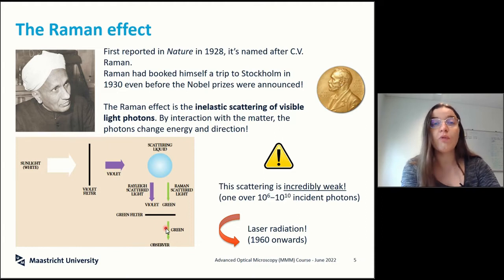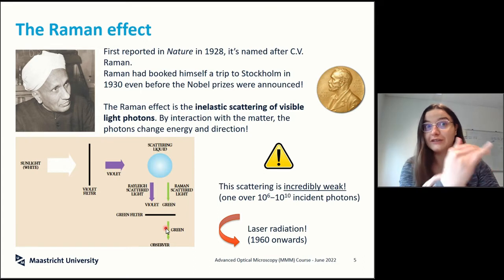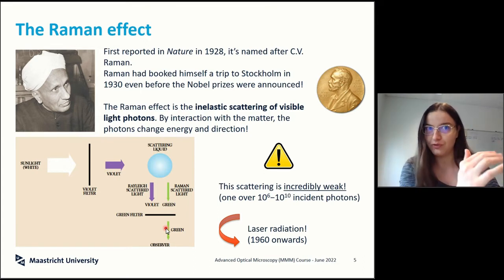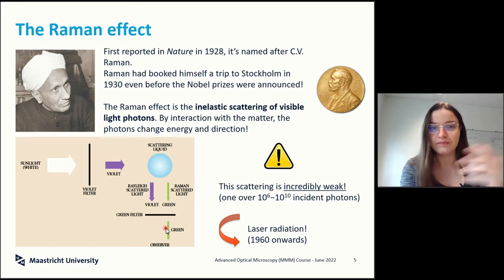We are talking about one photon every 10 to the 6, 10 to the 10 incident photons. So this is an example of painstaking scientific commitment in trying to get your signal to noise to a reliable and recordable signal.